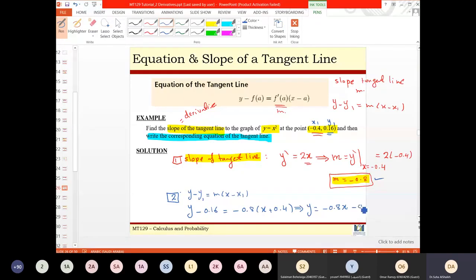So this is minus 0.32 plus 0.16, which came from here. So we will get y equals minus 0.8 times x minus 0.16. And this is the tangent line equation that we wanted to find. Okay? Was it clear?